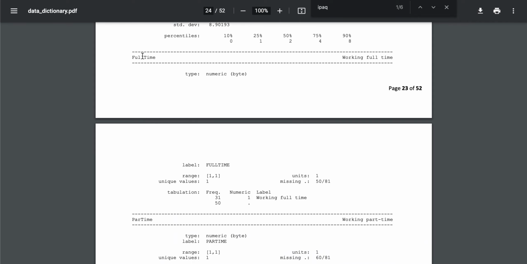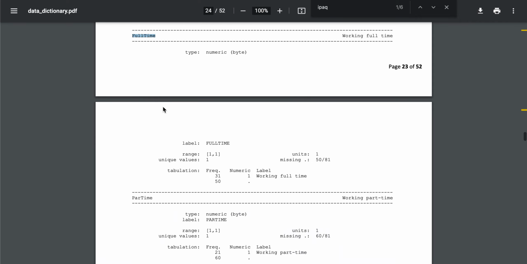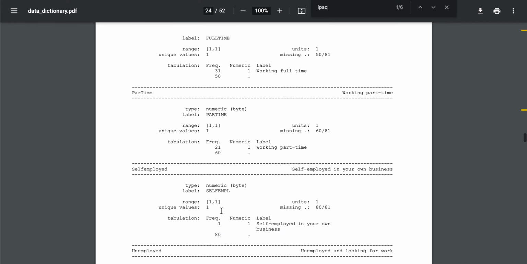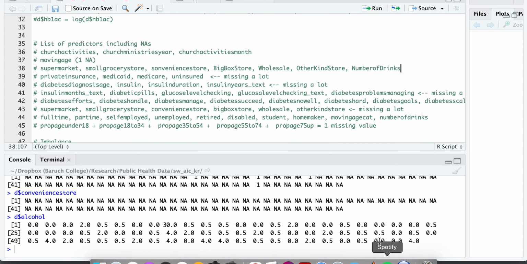Full-time working, 50 missing. Part-time, 60 missing. Self-employed, 80 missing. So let's just add those here.